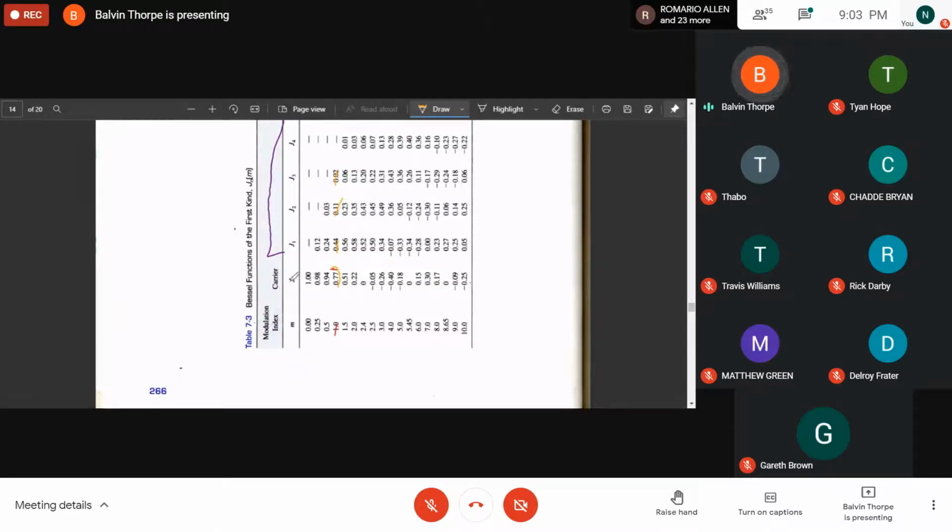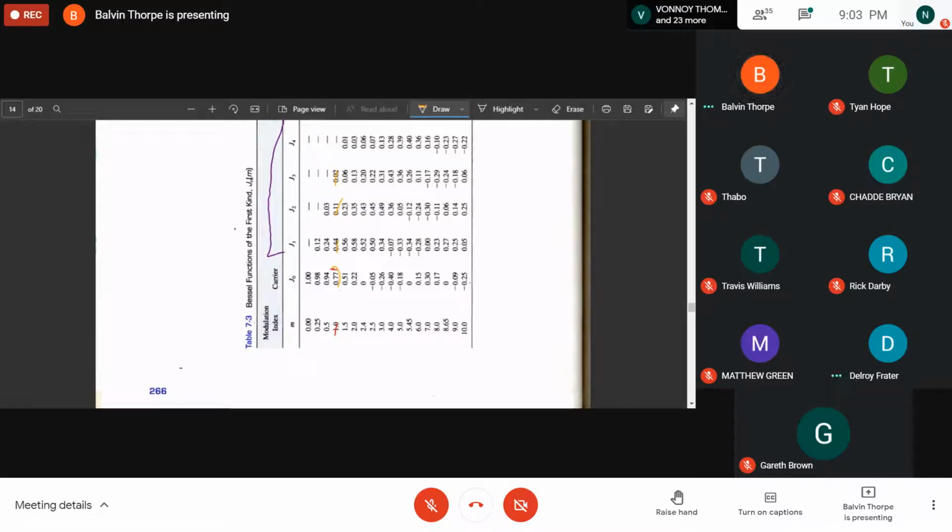So the carrier value is going to be reduced to 0.77 of what it was.